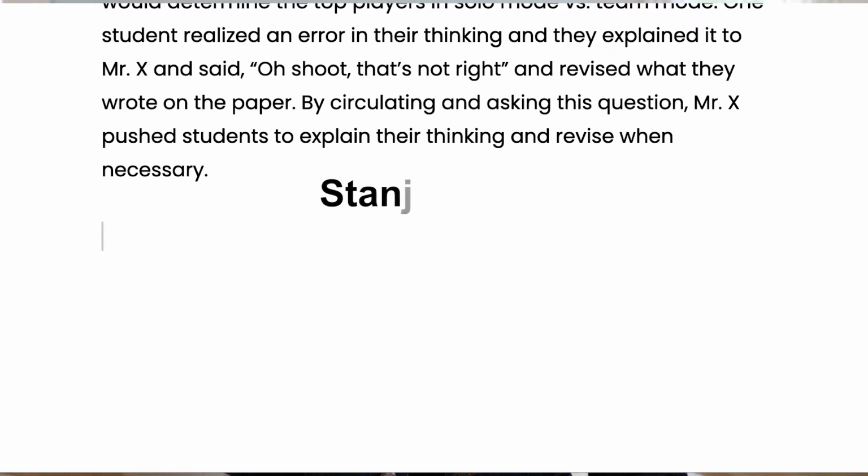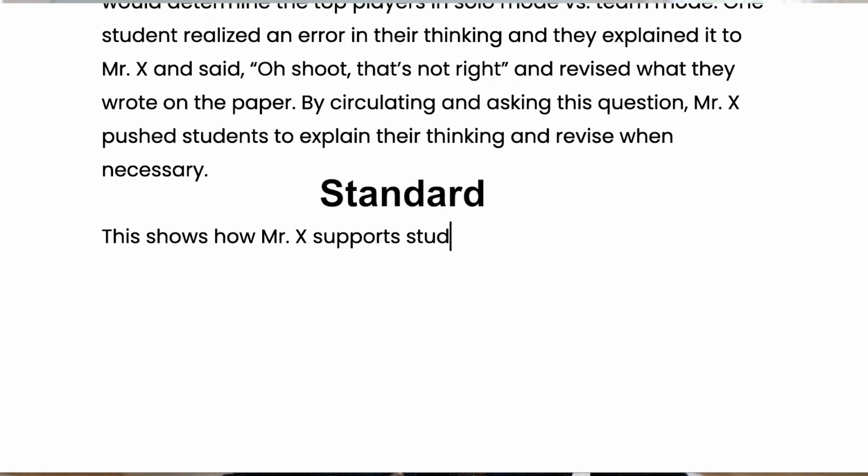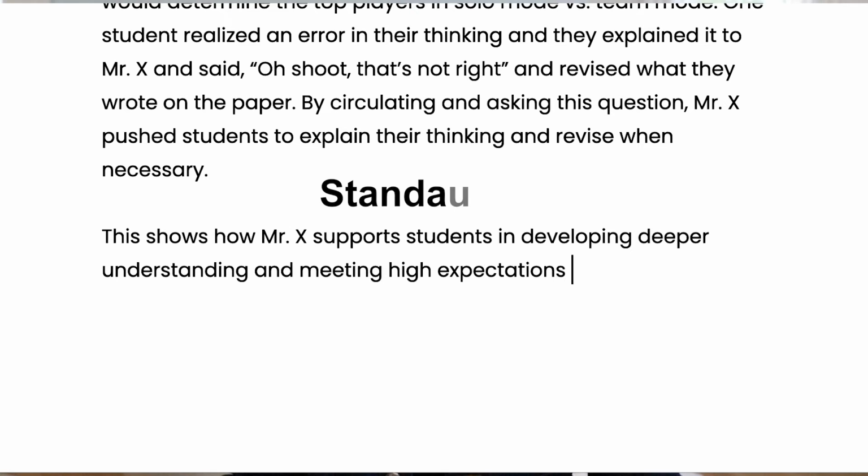So I usually write the connection to the rubric elements like this. This shows how Mr. X supports students in developing deeper understanding and meeting high expectations. And then I usually put the rubric element 2D2 in parentheses after that.